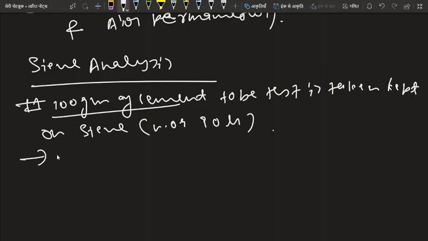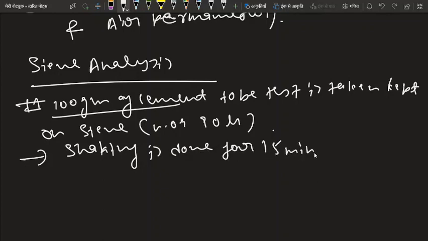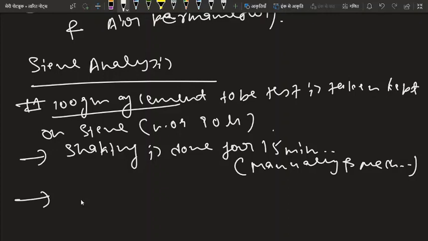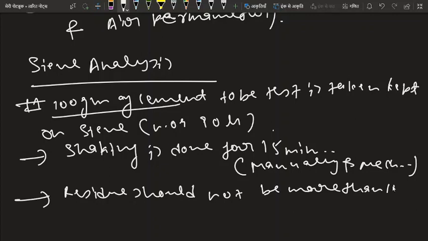So shaking is done for 15 minutes, manually or mechanically. Then we note that the residue should not be more than 10%.